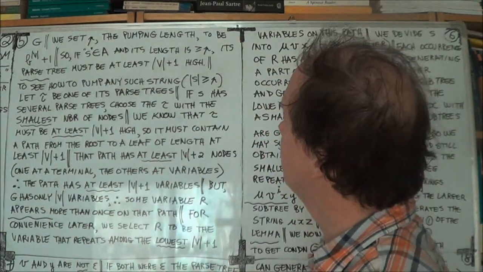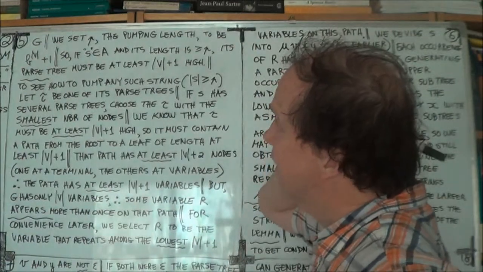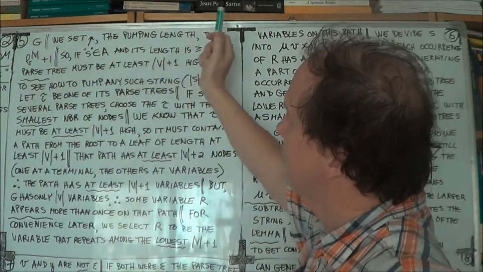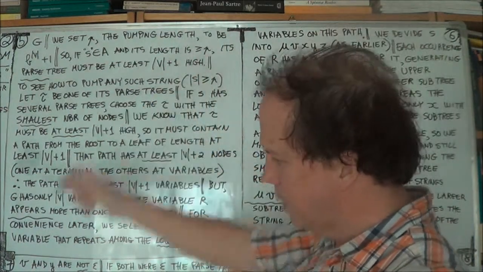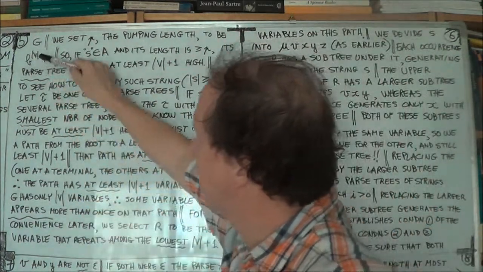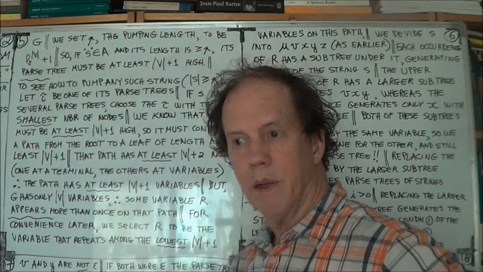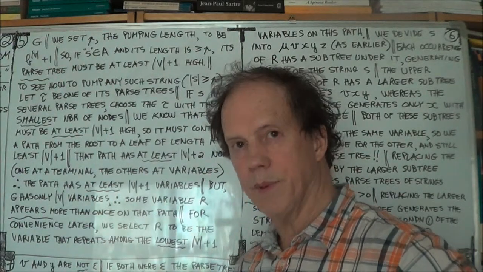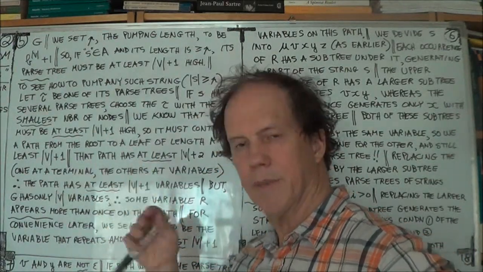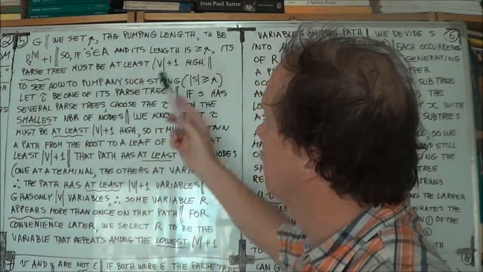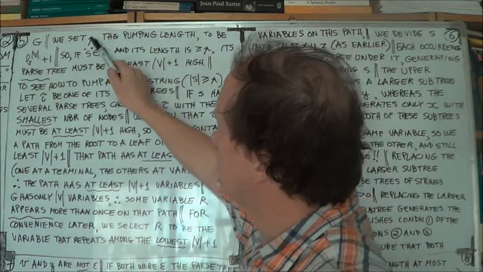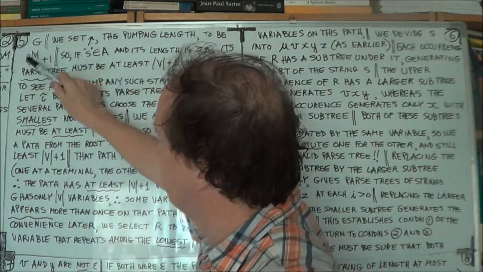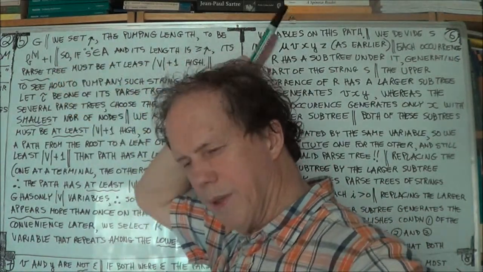Okay, so let's now specify the pumping length. We'll actually give a number to it. Now remember, we define mod v here to be the number of variables in your grammar. You just count them up. That's mod v. Now remember little b, what's that?